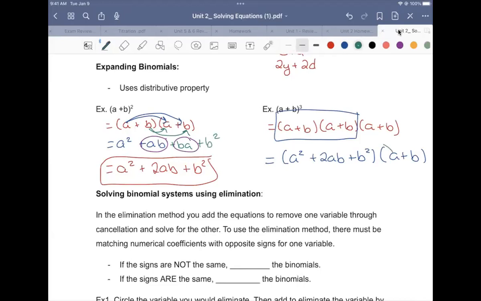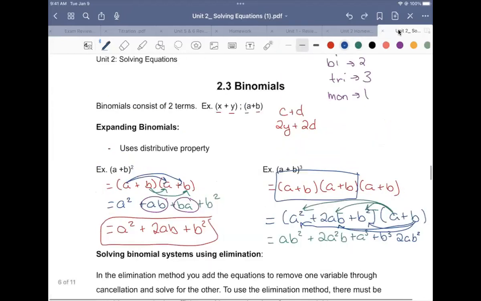And again, now I'm going to multiply this through. This would be ab squared plus 2a squared b plus a to the power of 3 and b to the power of 3, 2ab squared.